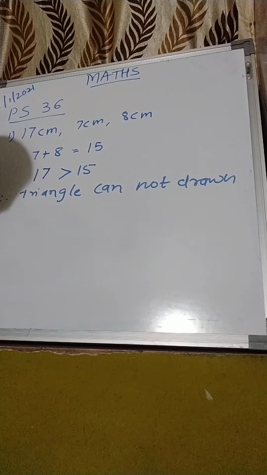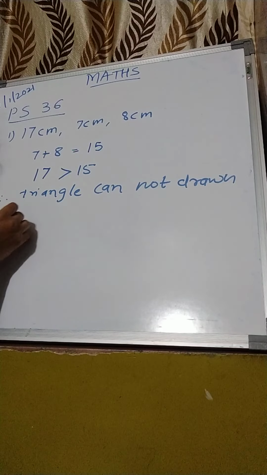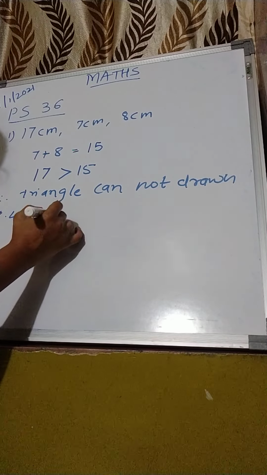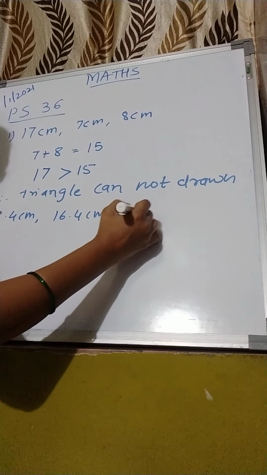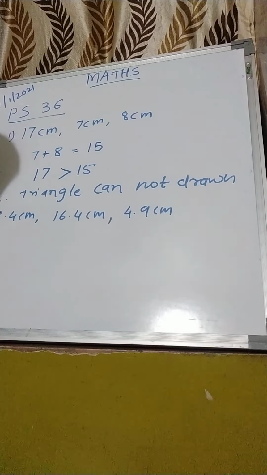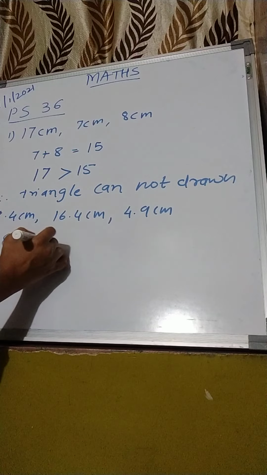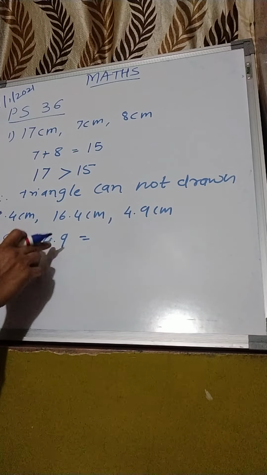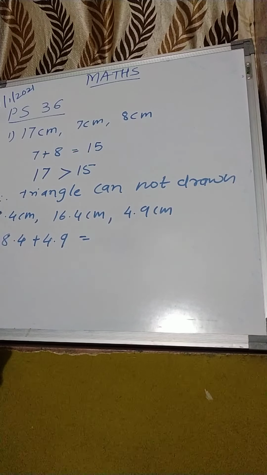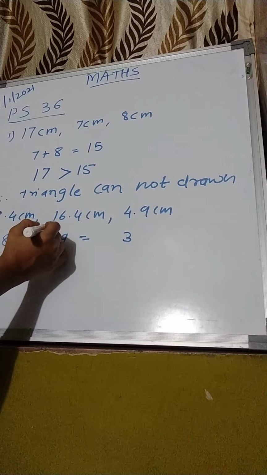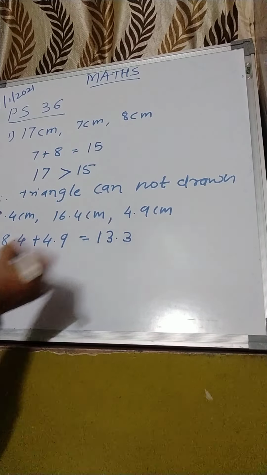See, take the fourth one. 8.4 centimeter, 16.4 centimeter and 4.9 centimeter. Now here 8.4 plus 4.9 is equal to what? 9 plus 4 is 13, carry over 1. 8 plus 5 is 13.